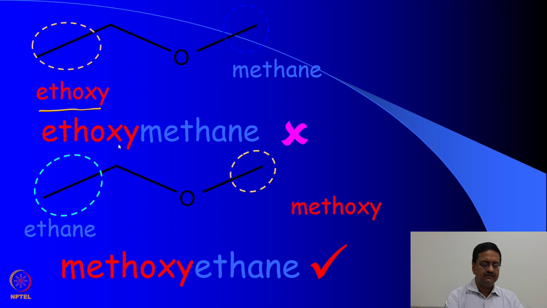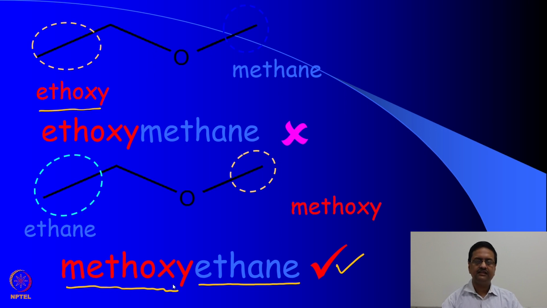So, we can write it as ethoxymethane or we can write it as methoxyethane. Now, by now you should be able to identify which is the correct name. The correct name is the second one, because here we have considered the longer chain as the parent molecule and methoxy as a substituent. So, this becomes methoxyethane instead of ethoxymethane, because in that case methane is the parent, which has fewer carbon atoms compared to ethane.